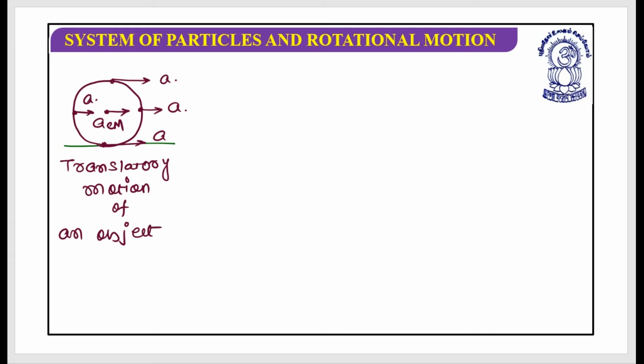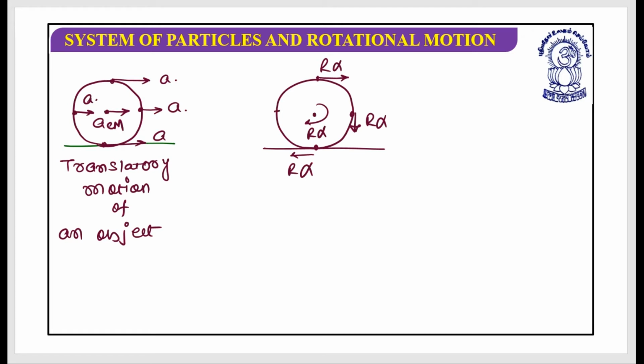Now let's say a second one. This is the center. This is moving in this direction with r alpha. If it is r alpha, this would be in the positive x direction, which we call r alpha. This particle is moving in this direction, r alpha. This particle moving in this direction, r alpha.